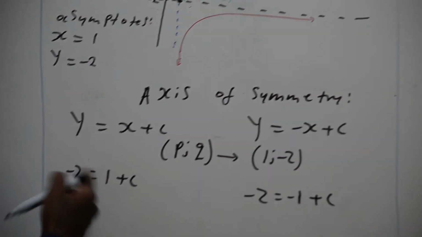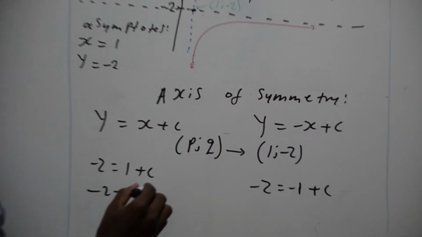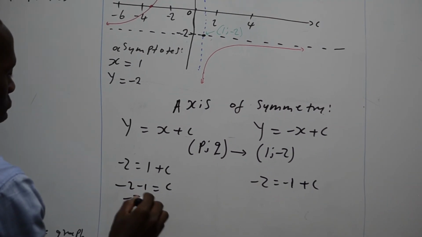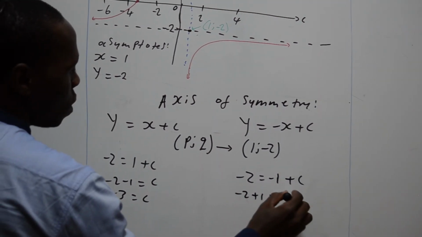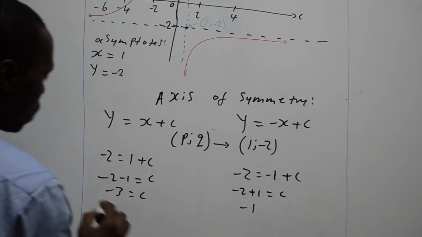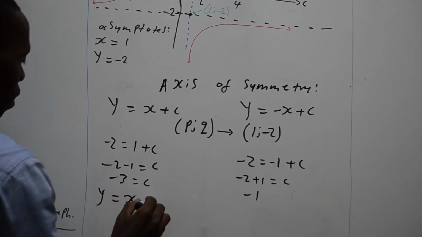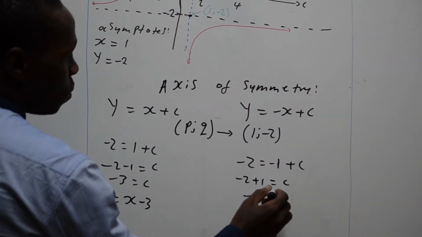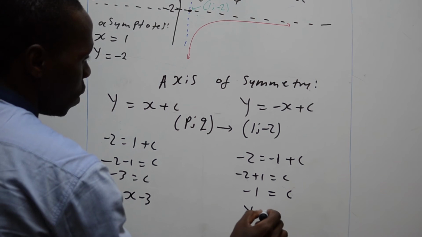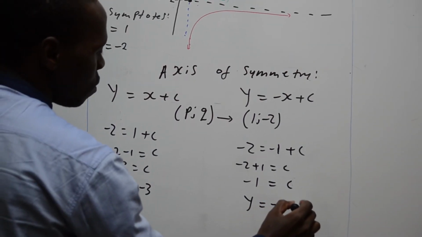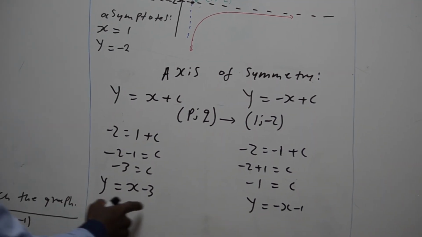Then solve: take the 1 across. Minus 2 minus 1 equals c, so it's minus 3. And on this side, minus 2 plus 1 is c, which is minus 1. So the equations of the axes of symmetry will be y equals x minus 3, and this one will be y equals minus x minus 1.